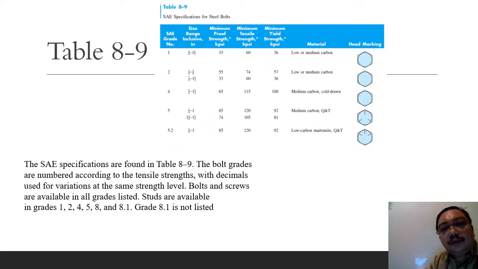Table 8.9 shows the SAE specification. It says here that the bolt grades are numbered according to their tensile strength, with decimals used for variation of the strength at the same strength level. Bolts and screws are available in all grades listed.